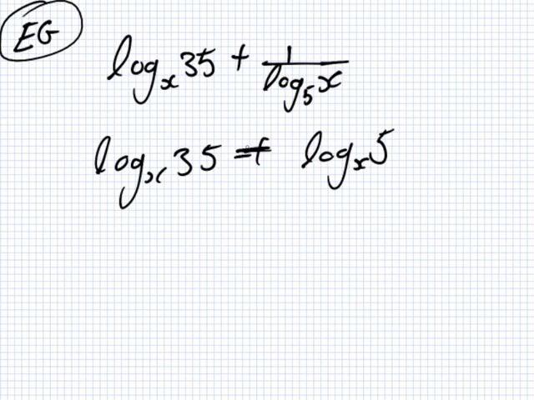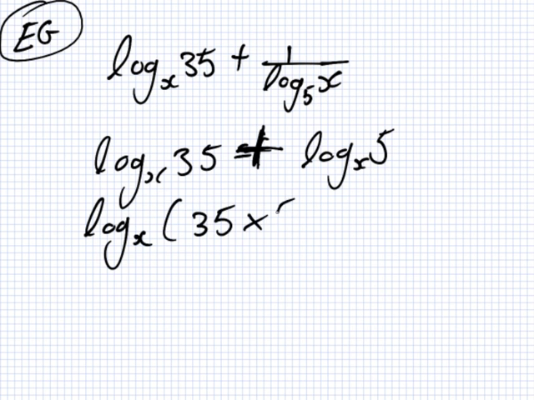Now, what to do next? Yeah, we should say that 35 is 7, well, no, sorry. Because we're adding, we can multiply the 35 and the 5. So that's 35 times 5. 175. Log x of 175.